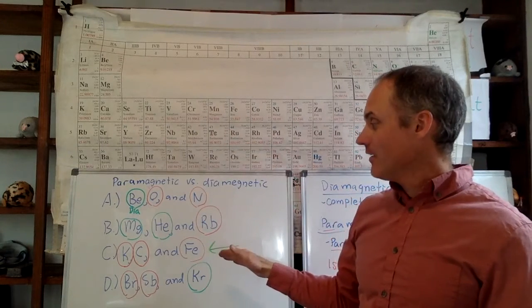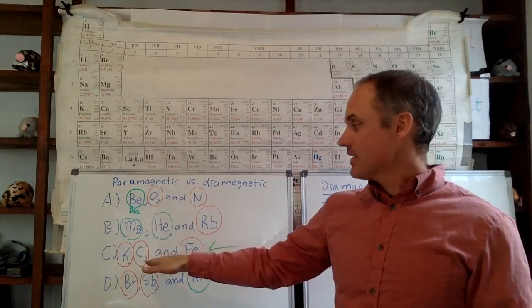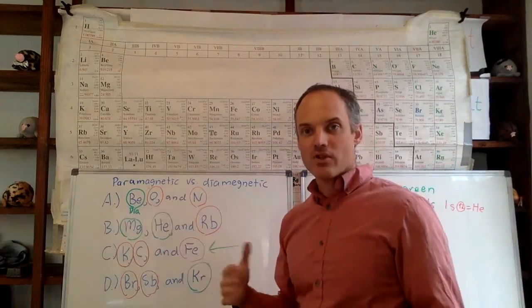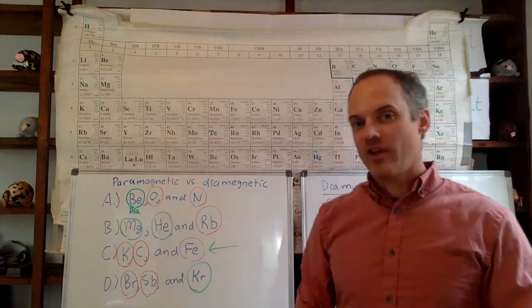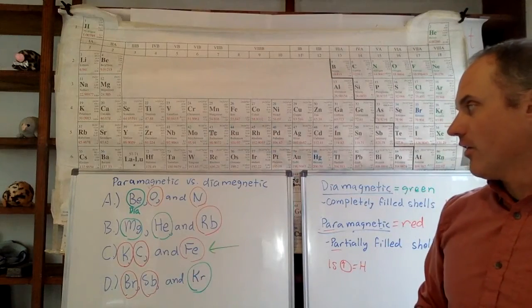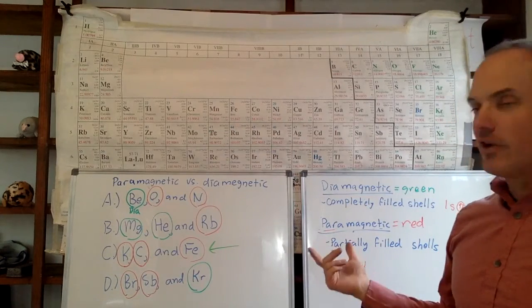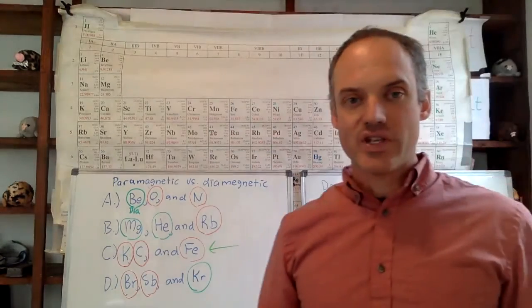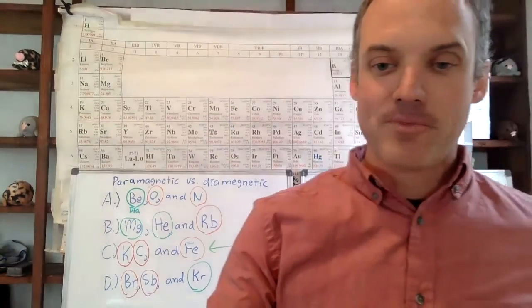D needs 10, p needs 6, and s needs 2. So they don't fit any of those requirements, and therefore they are all partially filled, or paramagnetic. So C would be the right choice for that. Hopefully that helps you out.